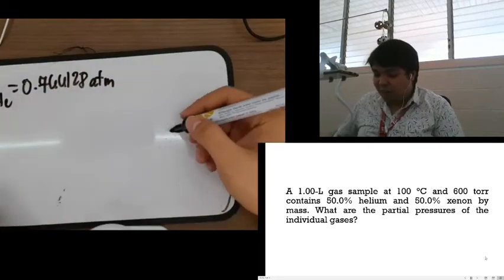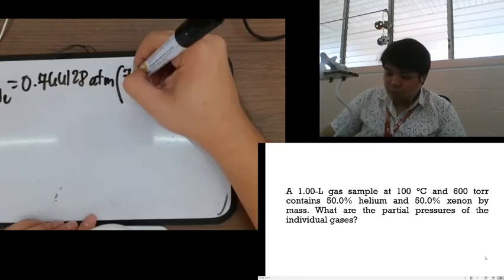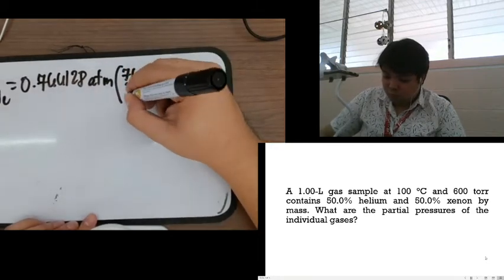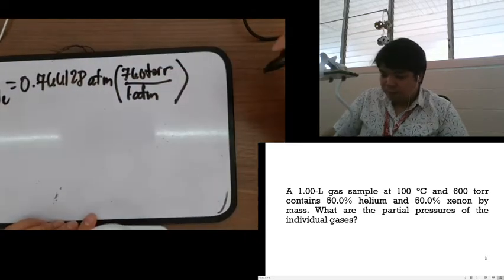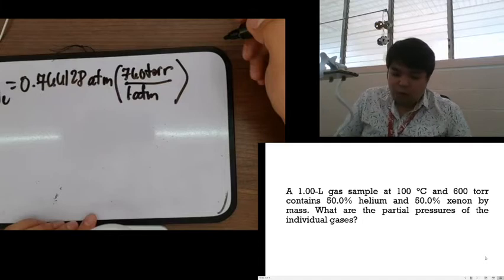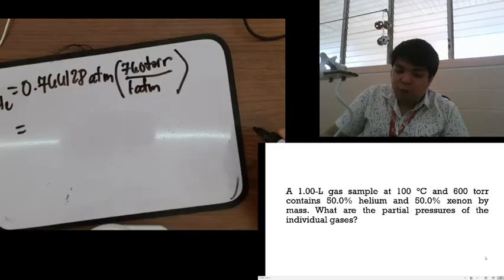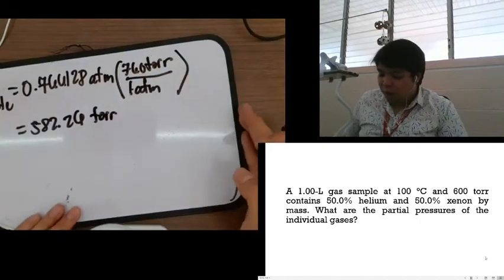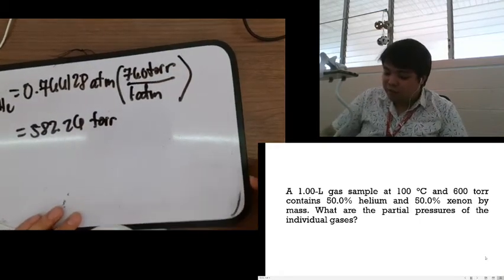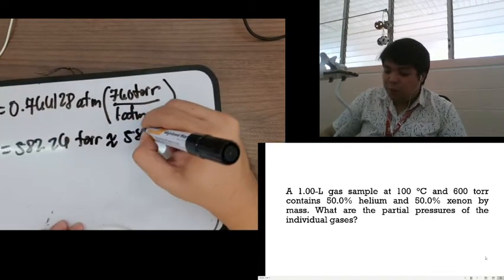Converted to torr, since what is given is torr, times 760, this is equal to 582.26 torr. Rounded off to 4 significant figures, this is 582.3 torr.